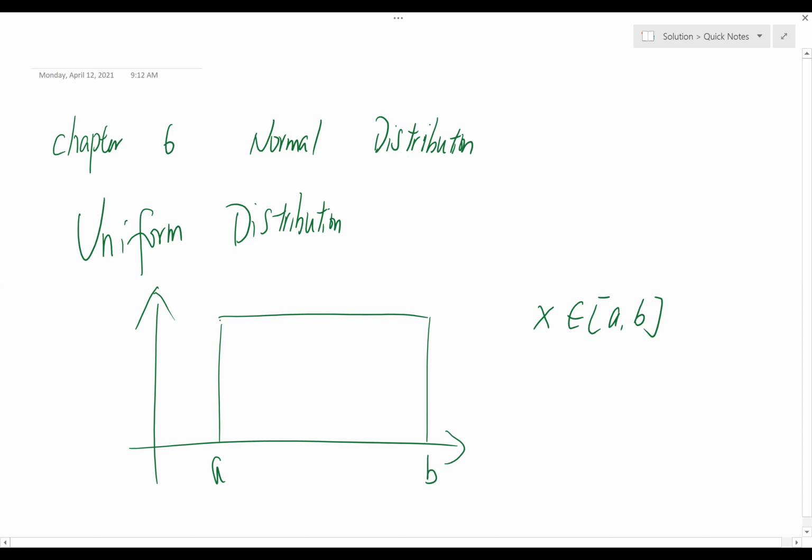The height here represents probability, and the important thing is that the probability remains the same. That's why we have a rectangular shape, because the height remains the same, meaning P of X remains the same.